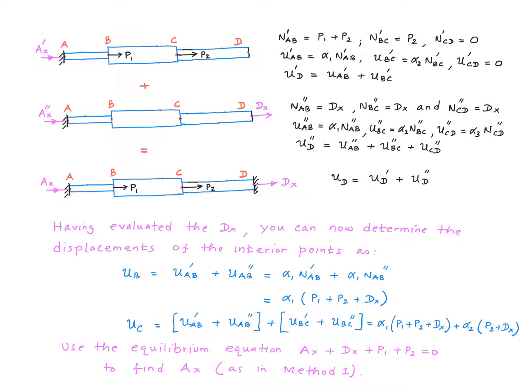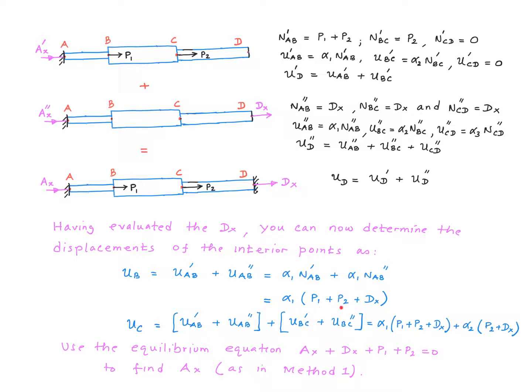Having found a value for the redundant reaction DX, now we can go back and calculate the displacements of the interior points B and C as shown over here. We're still using the principle of superposition, and therefore the displacement of point B should be equal to the deformation of AB coming from the first problem here and the deformation of AB coming from the second problem here.